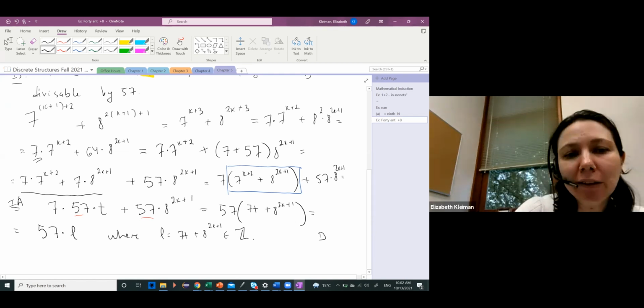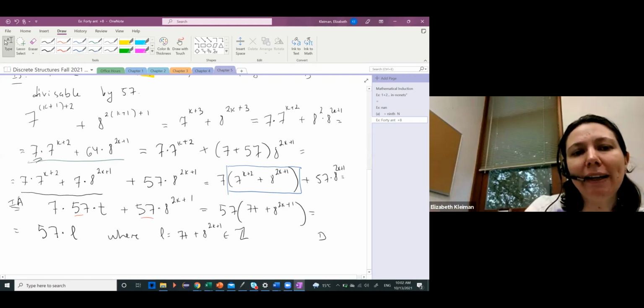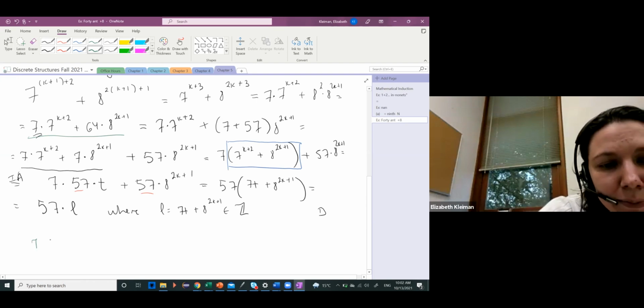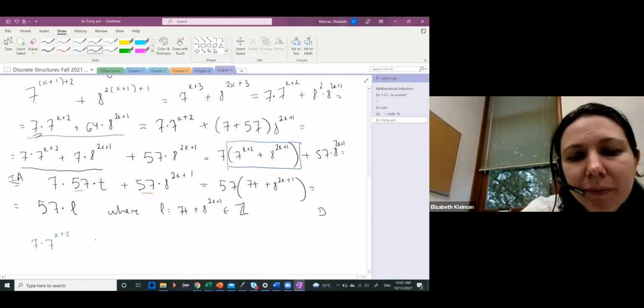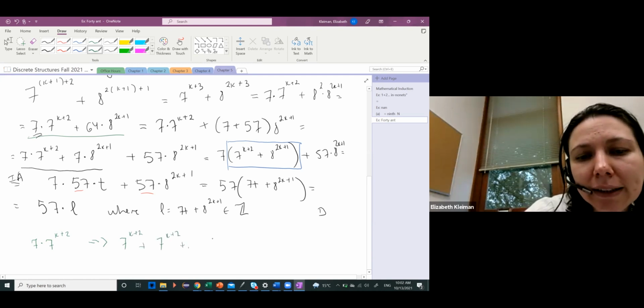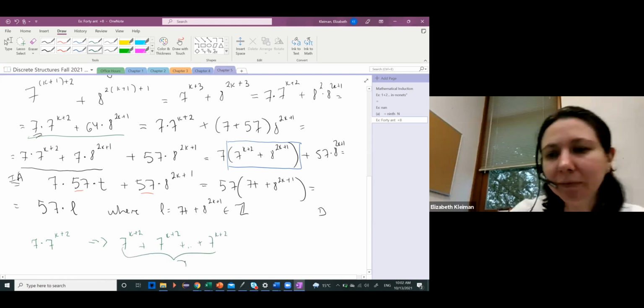Now, one other way to see this is like that. If you think about it, what I have is 7 multiplied by 7^(k+2). Look at it. What it really is, 7^(k+2) plus 7^(k+2) plus 7^(k+2), 7 times, correct?